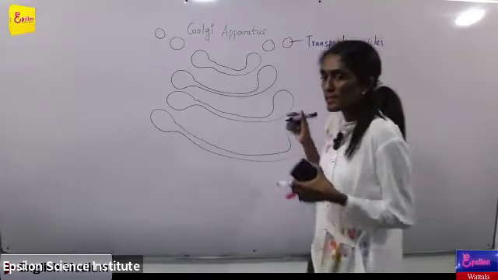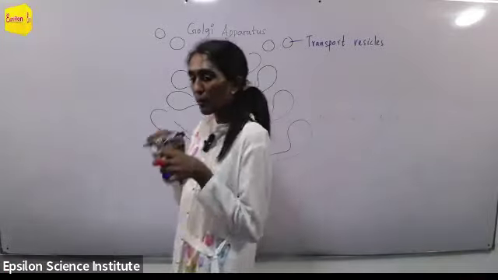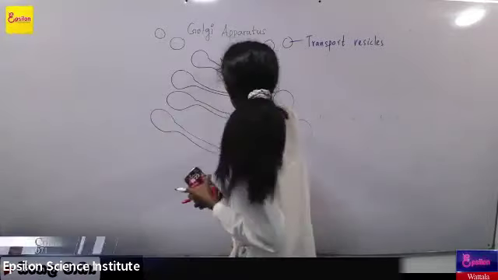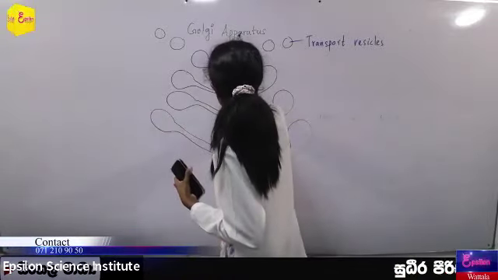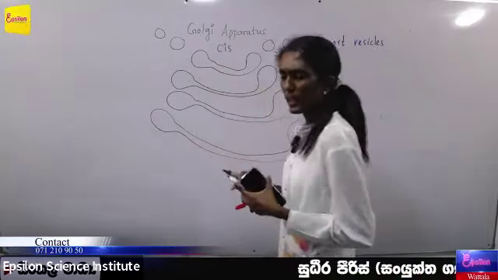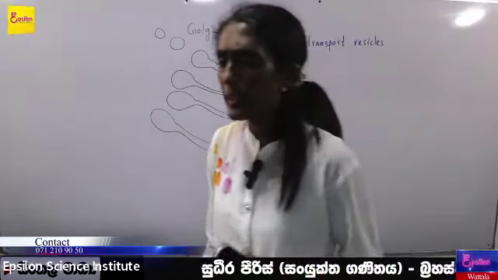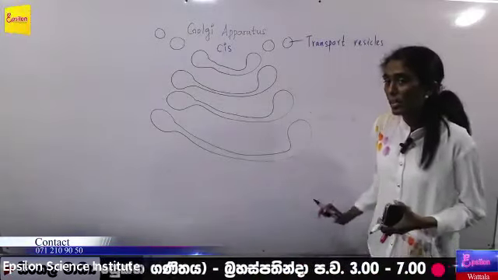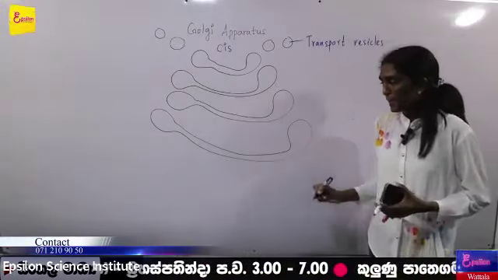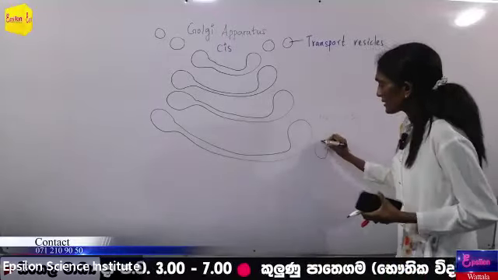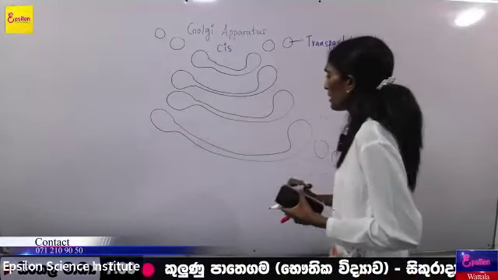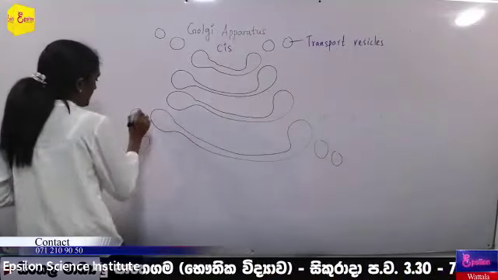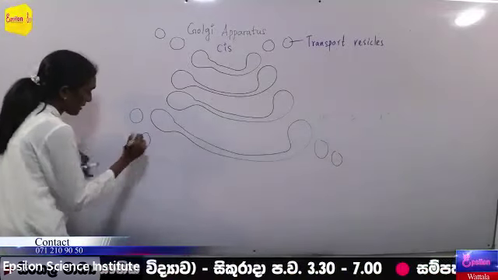Since this is getting transport vesicles from the ER, this side we call the cis side. It's wrongly labeled in the book. I don't know whether they have changed it or not in the new version. So it's wrong. When you read the text, you will understand this side is cis, okay? And the other side, there are vesicles produced from this end also. These vesicles we call secretory vesicles.